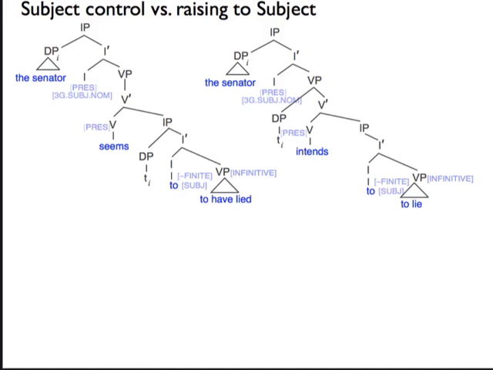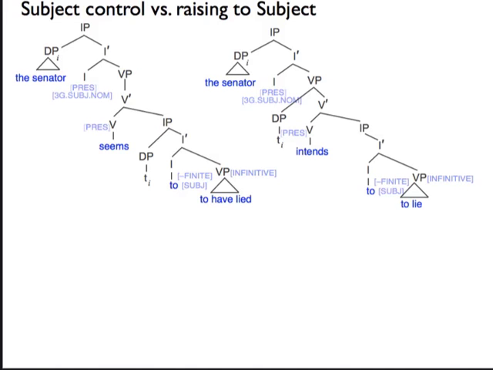The senator intends that the vote will be passed. Can you say that? It's weird anyway, right? Maybe you could say intends for the people to understand his bill. That would work, right? Because there's something about intending, wanting a future scenario. And the way you get that is with an infinitival clause at some level, right?